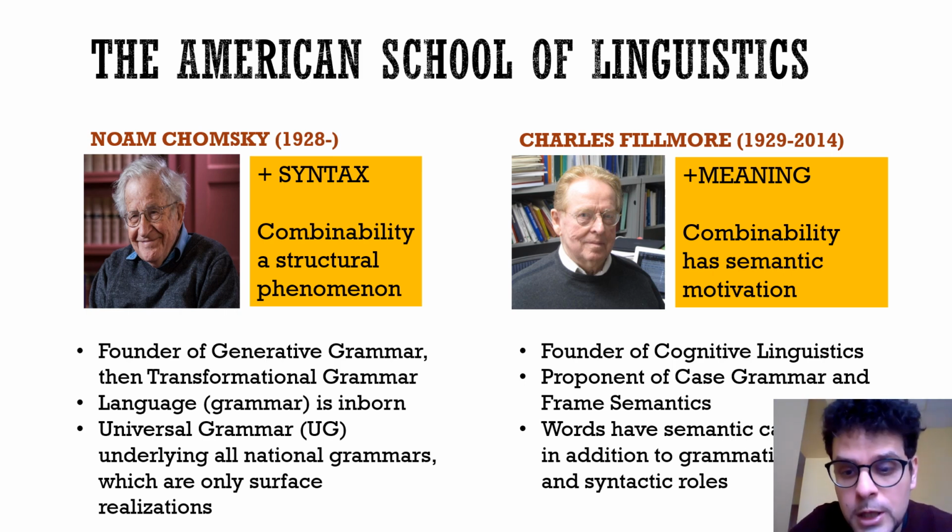We know that usually the patient is realized in grammar as a direct or indirect object, and the agent as the subject, and so on. So basically, he stated that to understand how words behave syntagmatically, it's important to understand the semantic role that they carry.